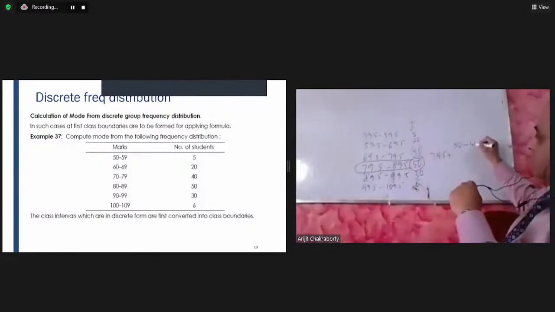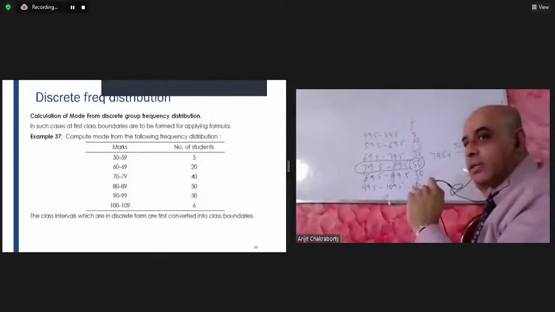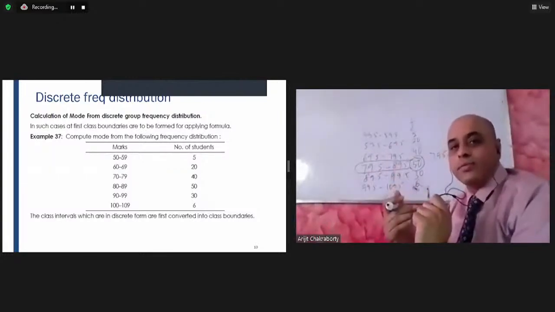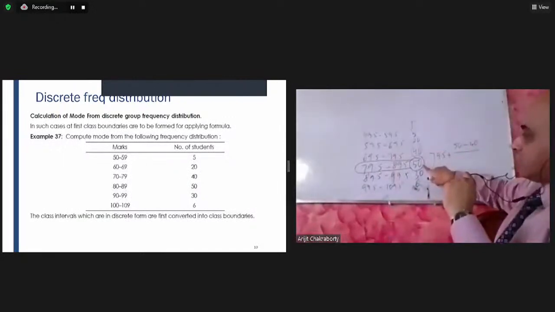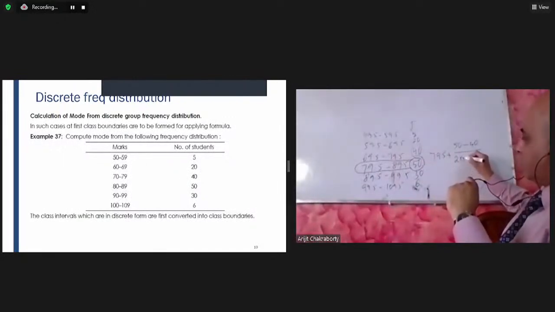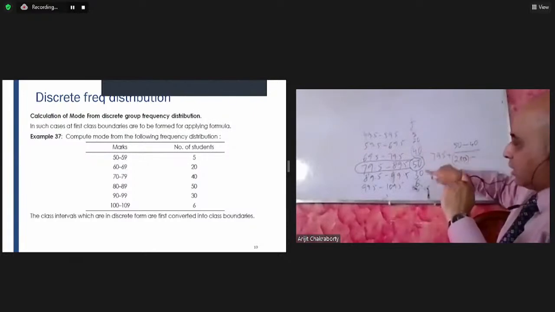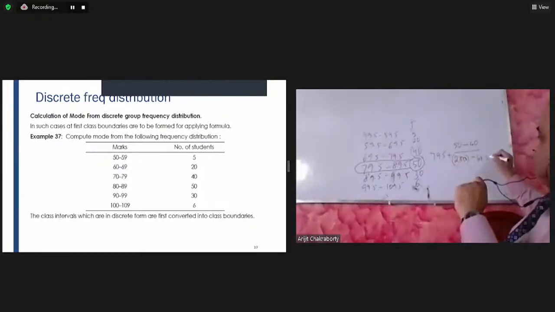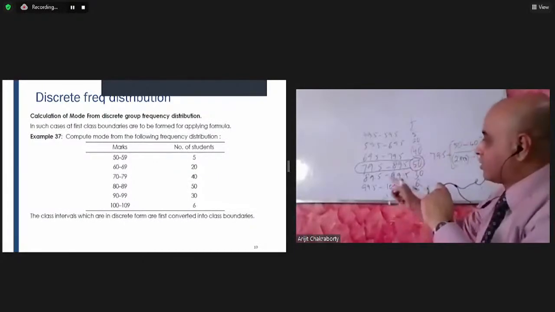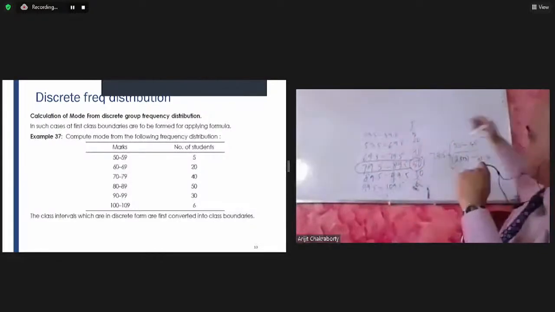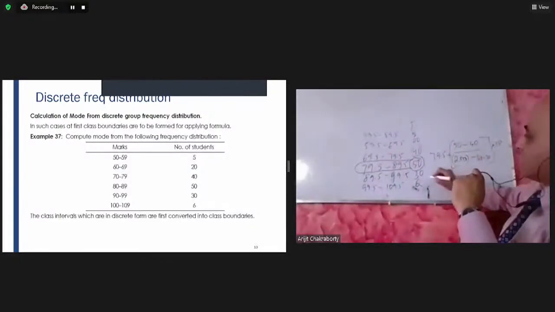So 50 minus 40. In the denominator, the formula is 2 into the frequency of the modal class, which is 50, so 2 into 50, minus 40 for the preceding and minus 30 for the succeeding class. And this is multiplied by the class width, which is 10. So what am I getting?